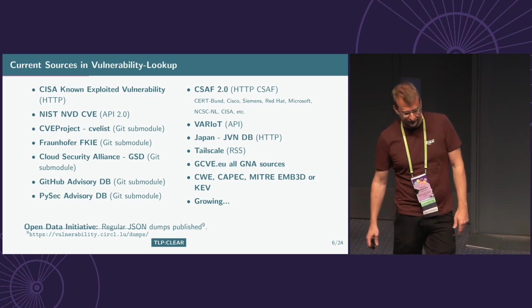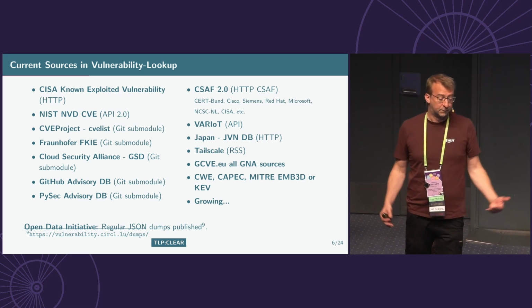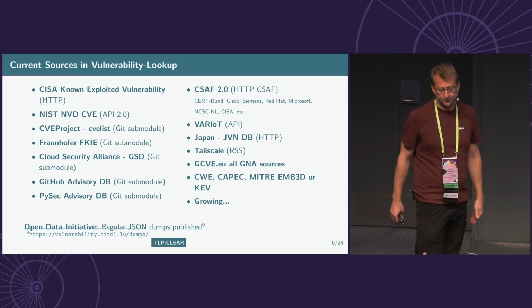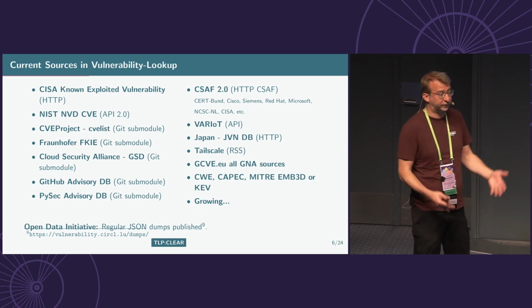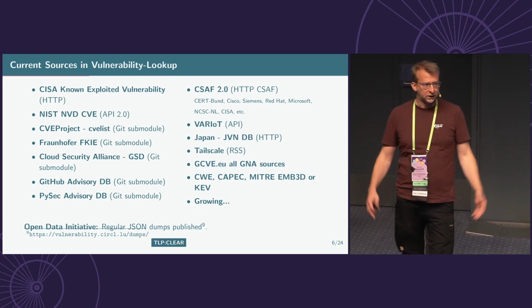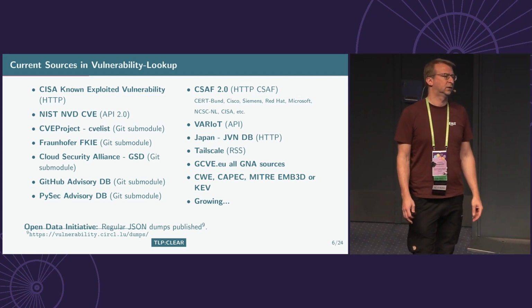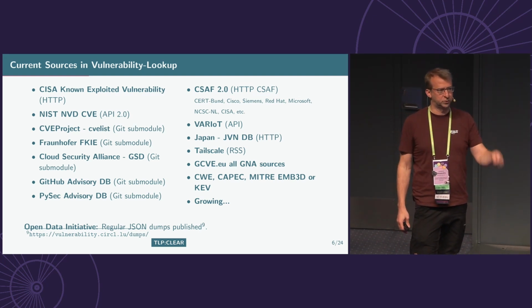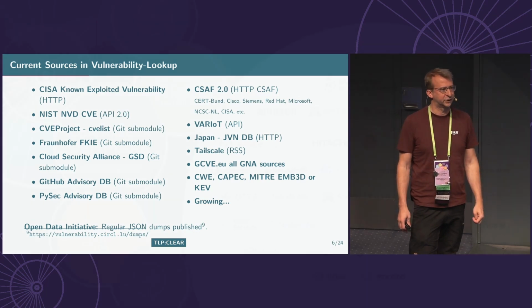That would be an initiative. But if you know about other sources that we should parse and incorporate, for example Tailscale, which unfortunately is an RSS feed, or other vendors that provide a more structured page that we can parse, just create an issue and we will look at it.